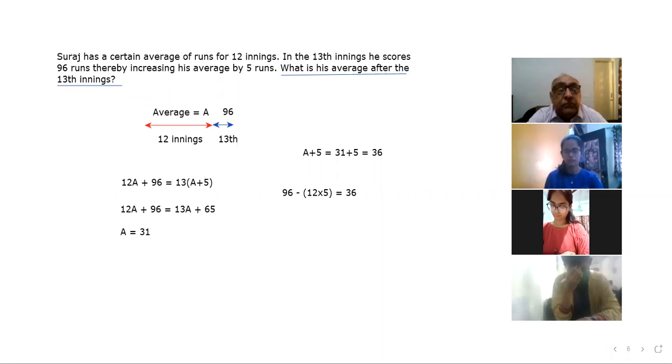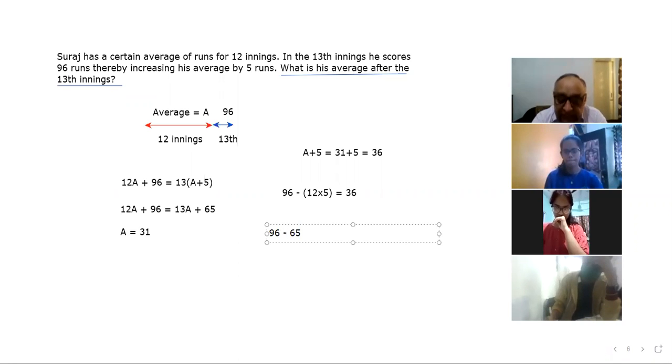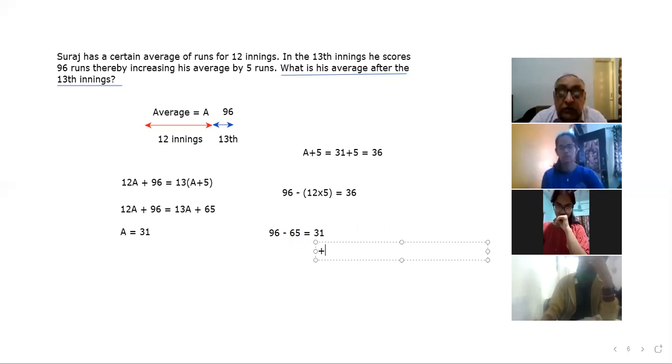Let me take it otherwise. Total runs 96, total innings 13. So 13 into 5, 65 runs have been contributed towards increasing the average of all the 13 innings. If that would not be the case, then the average score of the 13 innings would have been 31, but now it has been increased by 5. That is why the new average becomes 36.